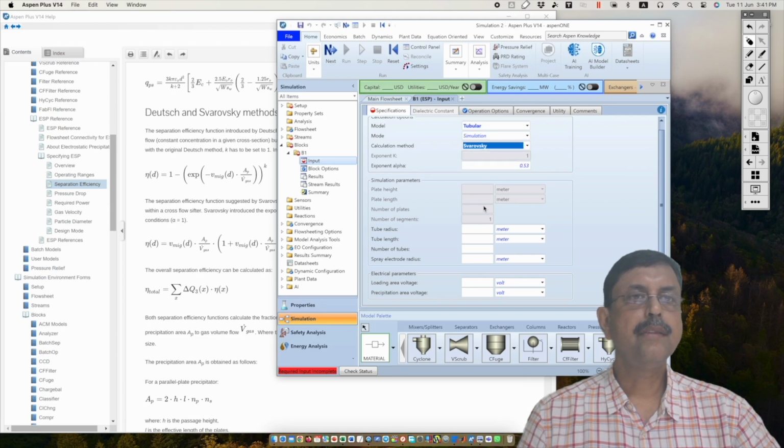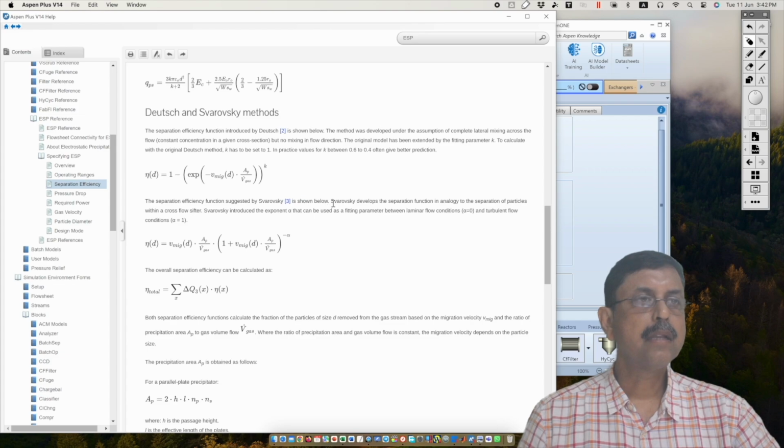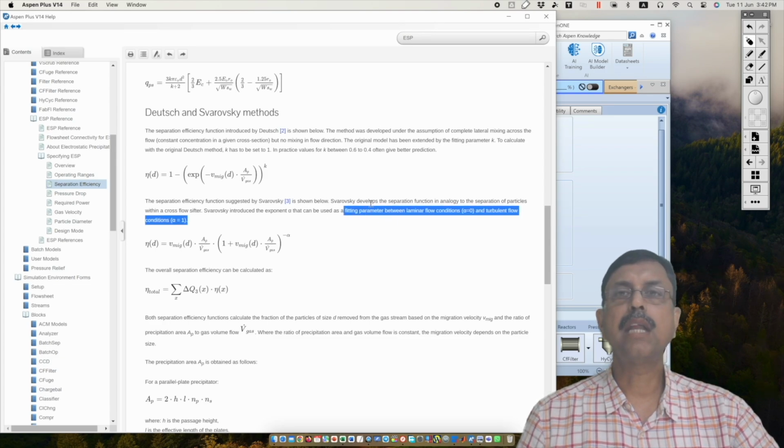The Swarovski model is almost the same as the Deutsch model, but the only difference is the separation efficiency function suggested by Swarovski includes an exponent alpha, and that can be used as a fitting parameter between laminar flow condition and turbulent flow condition. So if the flow is laminar, then alpha will be 0, and if the flow is turbulent, then alpha is equal to 1.